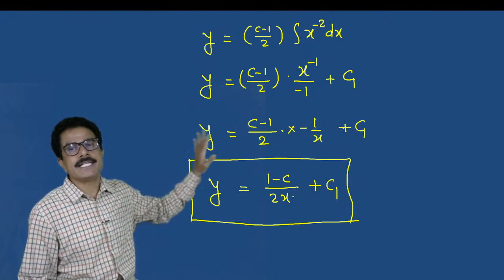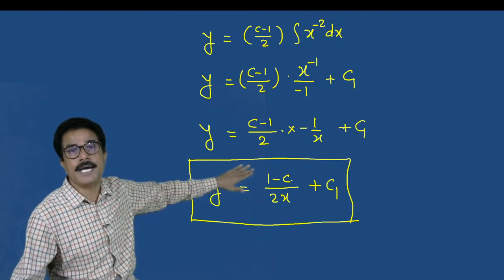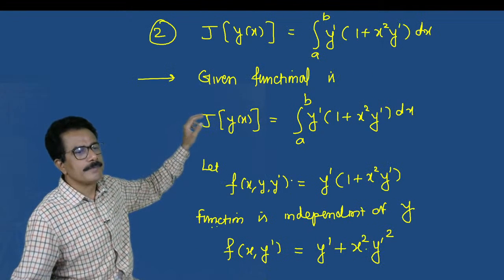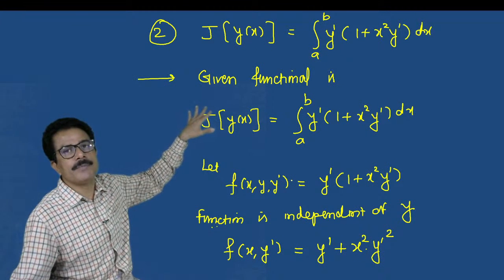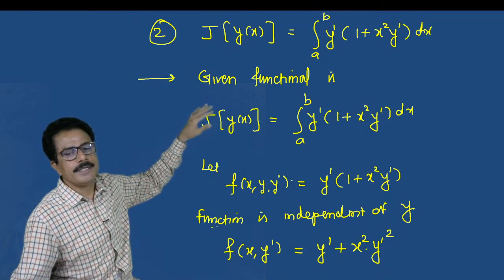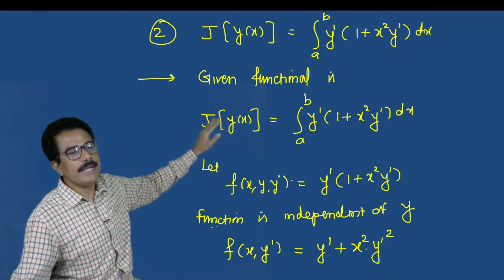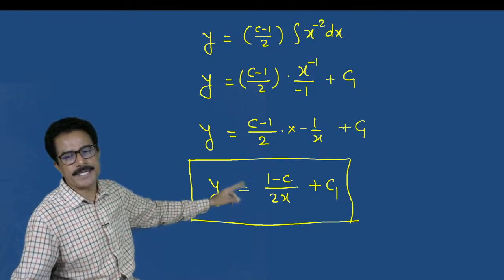See here, we can't calculate the values of c and c1, which are the arbitrary constants, because we are not given the boundary condition. Extremal values नहीं दिले असल्यामुळं we can't find the values of the arbitrary constants c and c1.